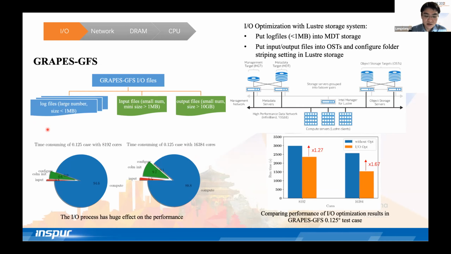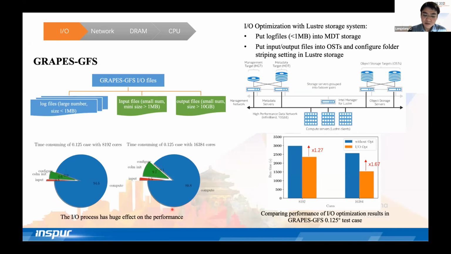When we use more than 8,000 cores to compute GRIPS, the I/O process only consumes 4.6% of the runtime. However, when we double the scale to 16,000 cores, the I/O time is also doubled to 9.7%. This can cause a huge side effect on the scalability of GRIPS.